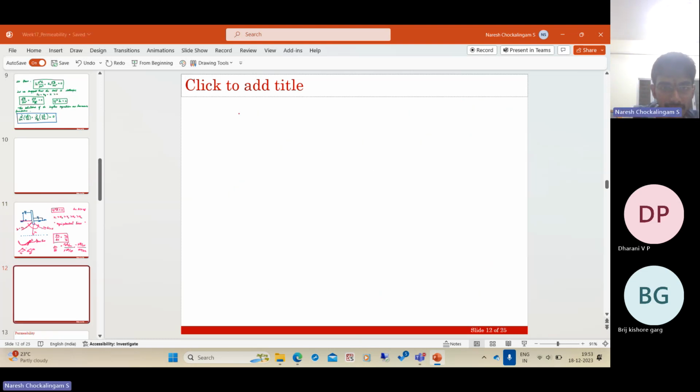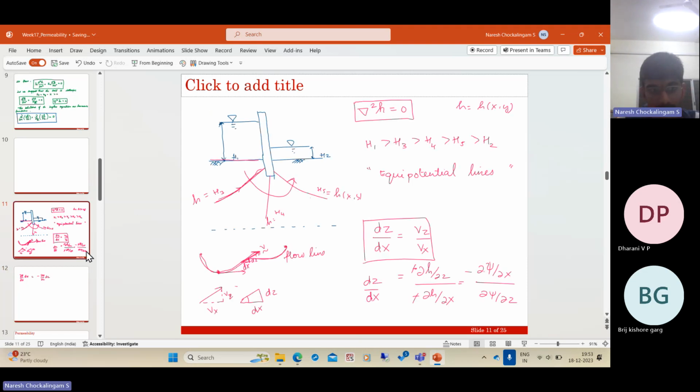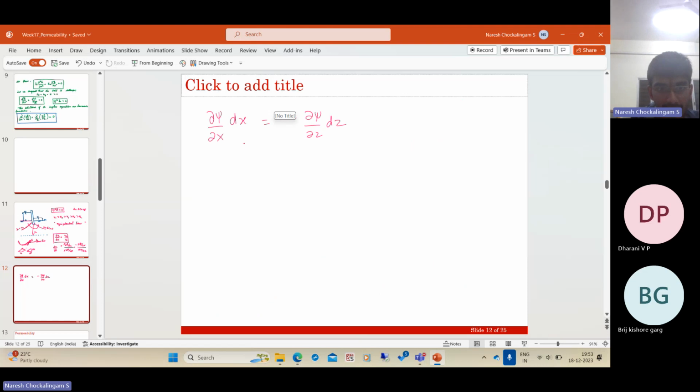By simple rearrangement, you get dx times ∂ψ/∂x is equal to minus ∂ψ/∂z times dz. Right? Cross multiply, you get this. And rearrange it, you get ∂ψ/∂x dx plus ∂ψ/∂z dz is equal to 0. Can you recognize what this is?